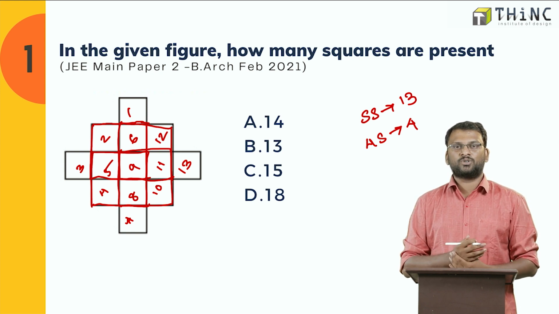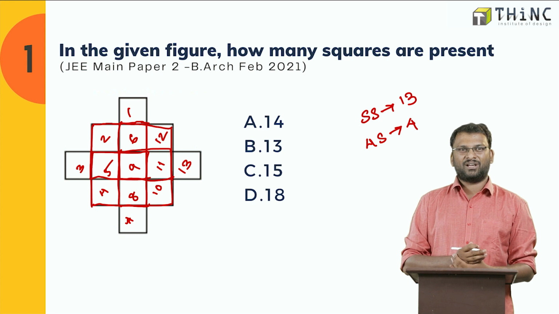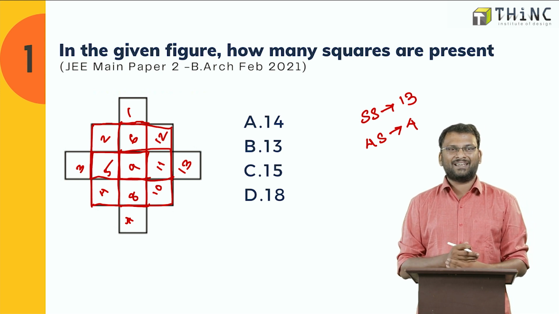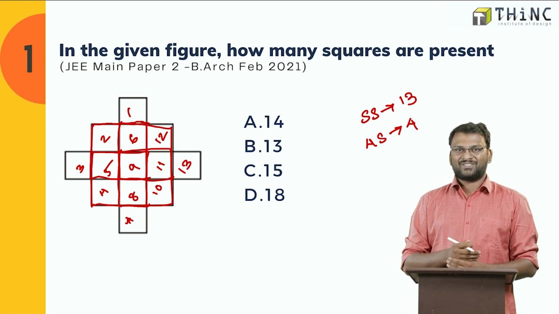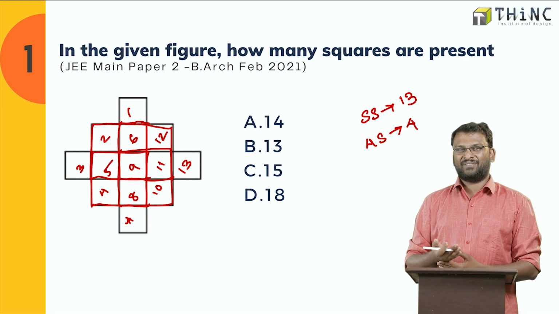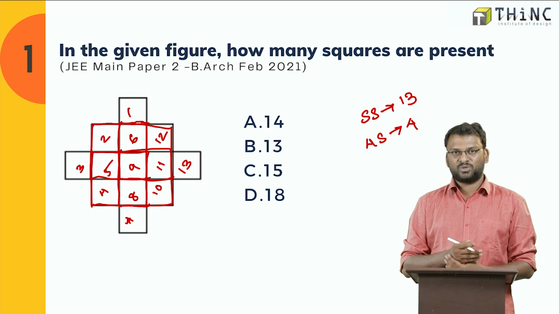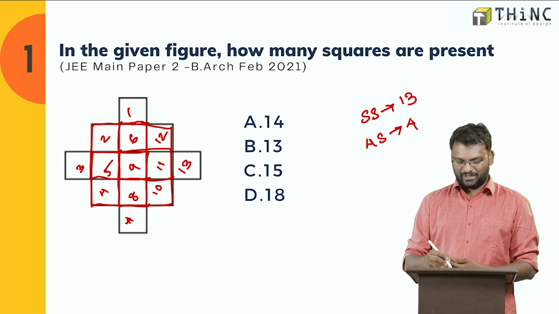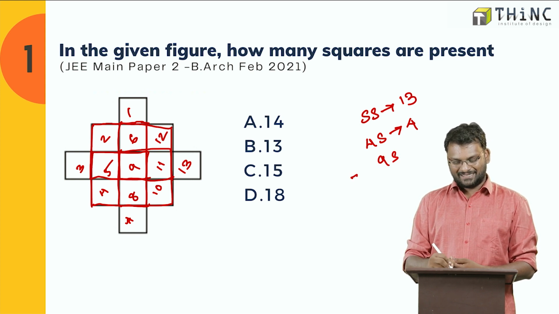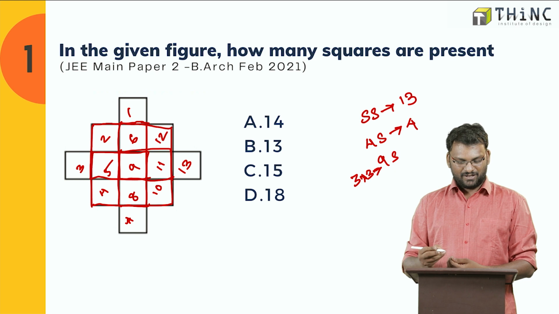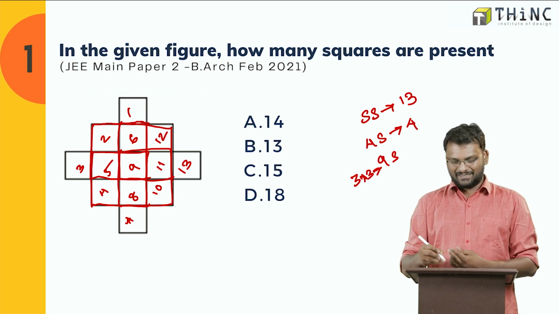Now our focus should be on the 5 component square, but we know that a 5 component square will not make a square. Next, 6 component, 7 component, even 8 component will not give you a square, because the next square is a 3 into 3 square, since we finished the 2 into 2 squares and the 1 into 1 squares. So the next is a 9 component square, or 3 into 3 square.